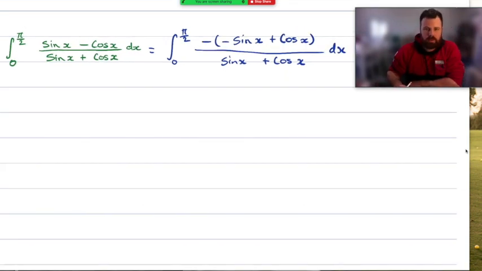And when we look at that, we notice that the numerator and the denominator are not going to cancel each other out here. So we've got to ask, okay, well, what else do we have?